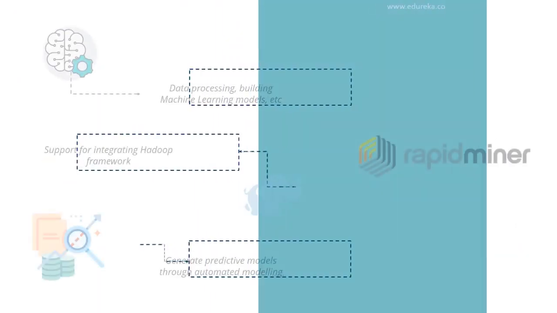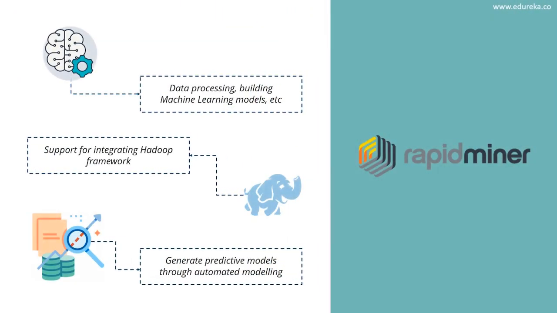Now let's move on and discuss another tool that I have in mind. It's known as RapidMiner. Now, there's no surprise that RapidMiner is one of the most popular tools for implementing data science. RapidMiner was actually ranked at number 1 in the Gartner Magic Quadrant for Data Science Platform in 2017 and in the Forrester Wave for Predictive Analytics and Machine Learning.